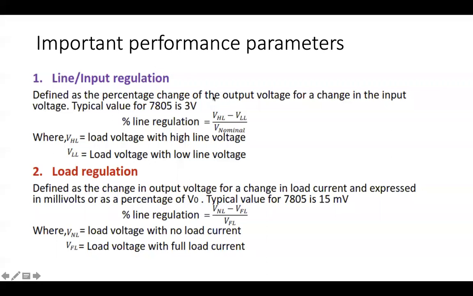In the form of a formula, it becomes VHL minus VLL, where HL is high line and LL is low line. So the load voltage with respect to high line minus low line gives me the percentage of regulation with respect to input, which means if there are some changes in the input, how it is going to impact my output.